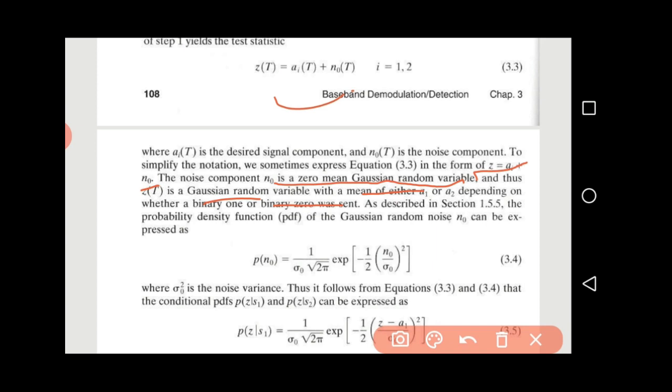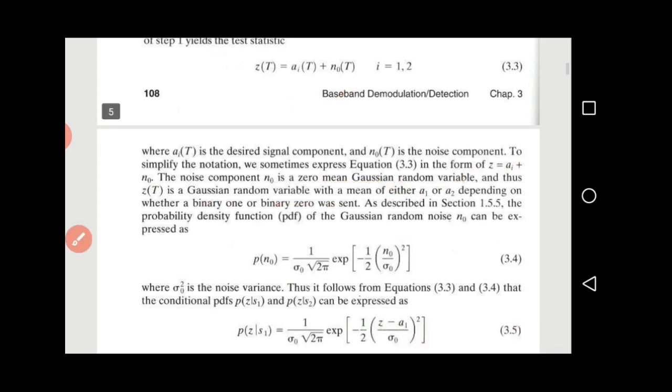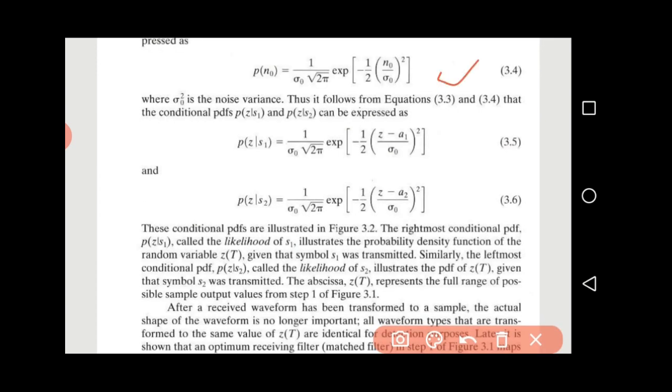The PDF of the Gaussian random noise n_0 can be expressed as we have already studied: p(n_0) = 1/(sigma_0 sqrt(2 pi)) exp(-1/2 (n_0/sigma_0)^2), where sigma_0 squared is the noise variance.